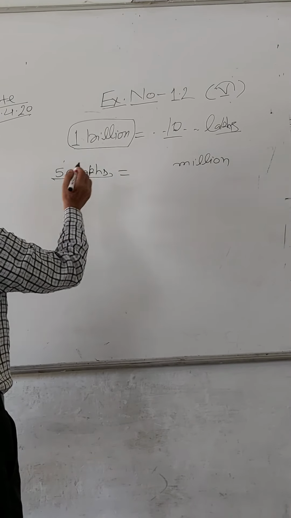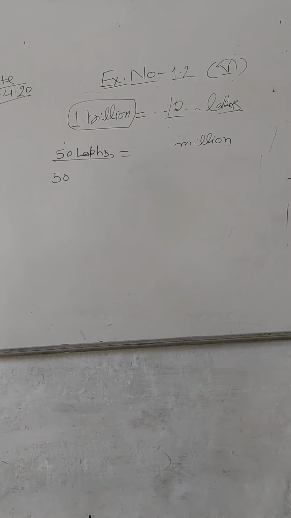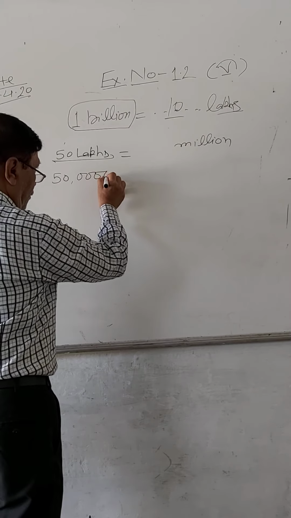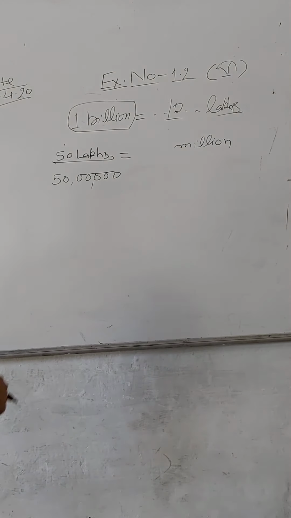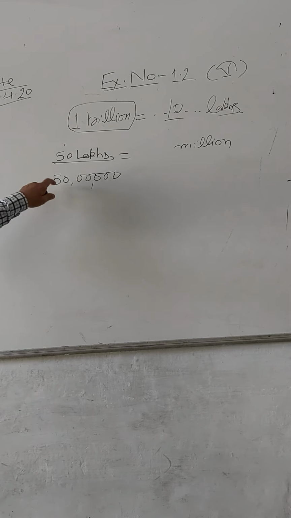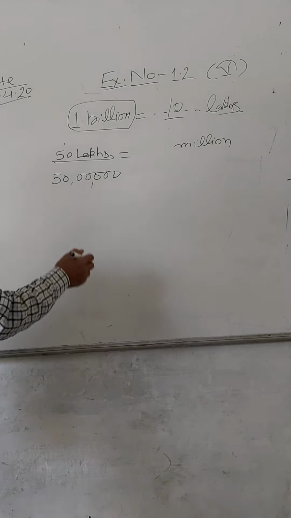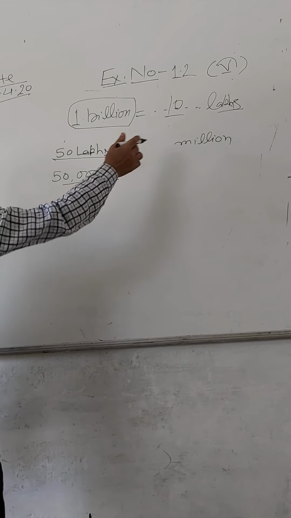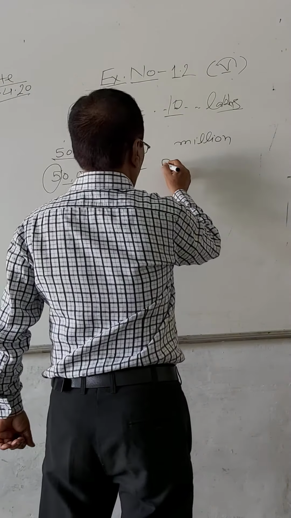First you write 50 lakhs. So in lakhs, how many zeros come? 5 zeros, 1, 2, 3, 4, 5. This is 50 lakhs. Now you have to convert into million. So in million, as I have told, 6 zeros are coming. So how many million is it? 5 million. So it is coming 5 million.